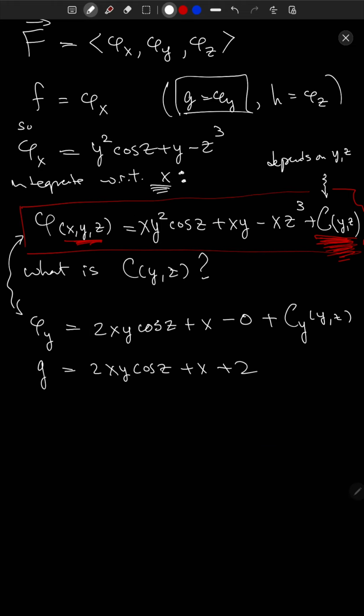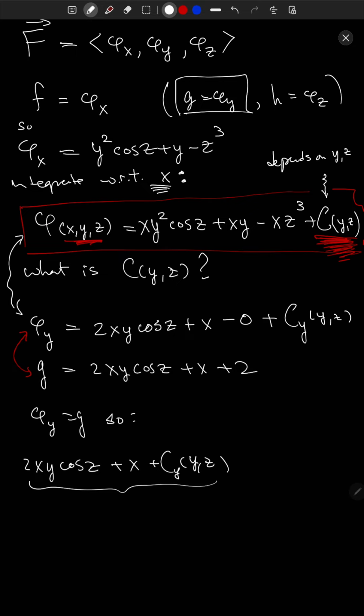Okay, and again, we know that phi sub y is equal to g. Phi sub y equals g. So let's match the two. So 2xy cos z plus x plus c sub y, y comma z, that's our phi sub y, is equal to g, 2xy cos z plus x plus 2.